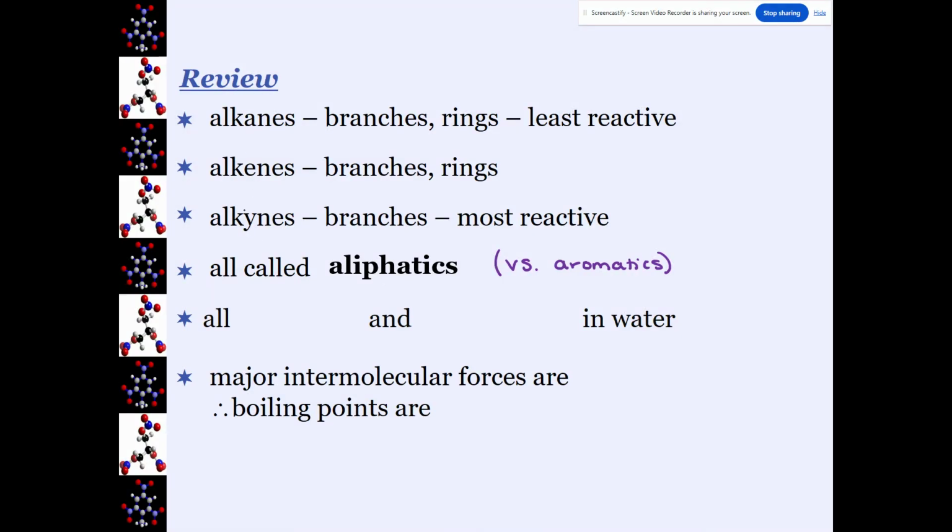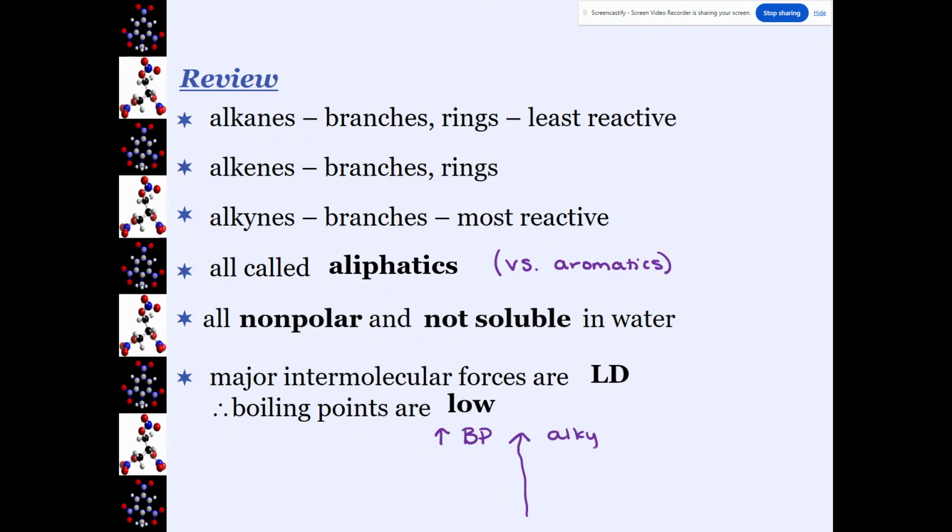These ones are all aliphatic. They're all nonpolar, so not soluble in water, and they all have relatively low boiling points because, again, they only have London dispersion forces. However, if you were to order them by boiling point, from the highest to lowest, your alkyne would be the highest, then your alkane, and last would be your alkene.